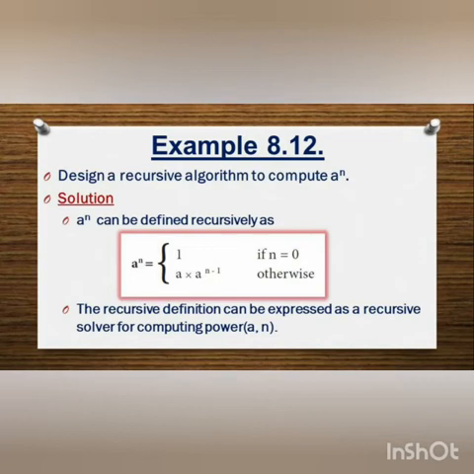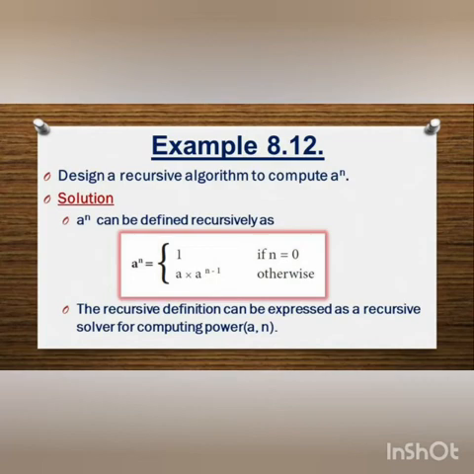So the power value will be reduced in each step. Here the problem is not small enough. So we have to divide it into sub-problems and call the sub-solver to solve the sub-problem. So the input size to a sub-problem is smaller than the input size to the original problem.